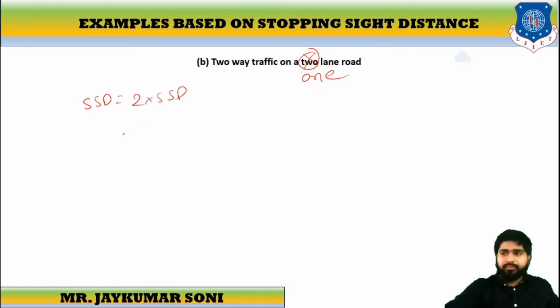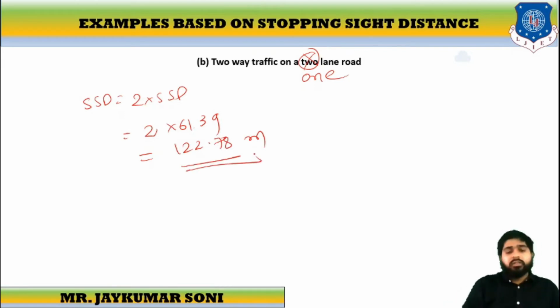So it will be twice of 61.39, so it will be 122.78 meters. So this is how we can calculate the values of SSD.